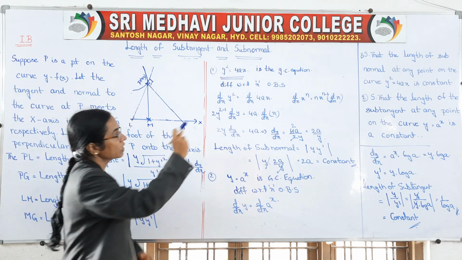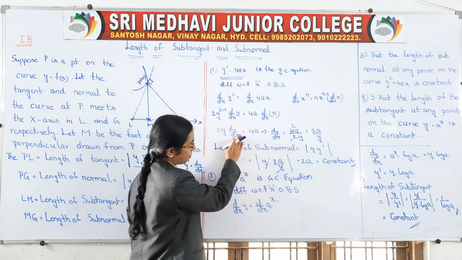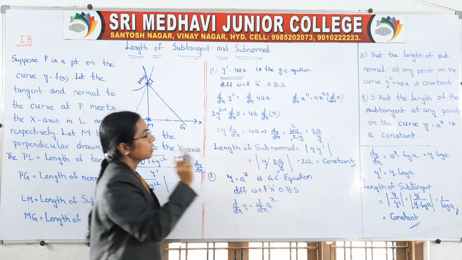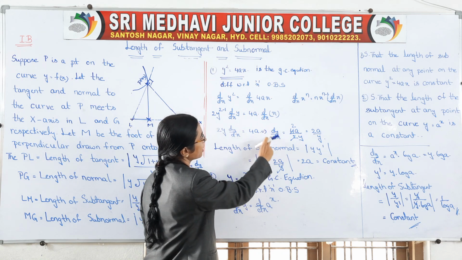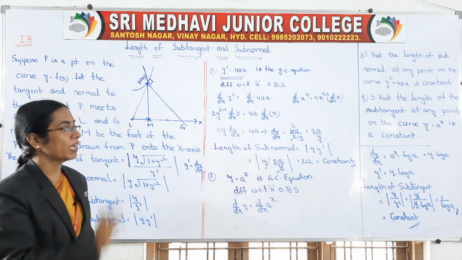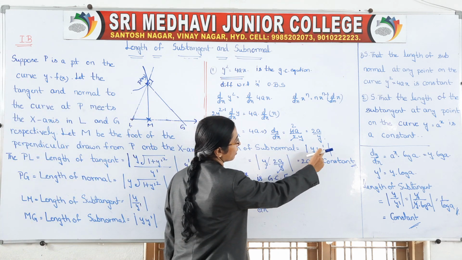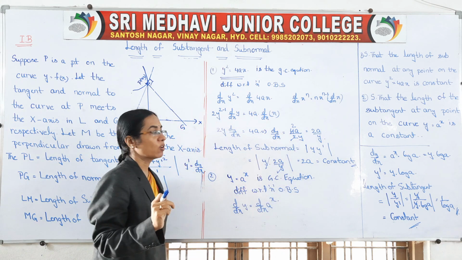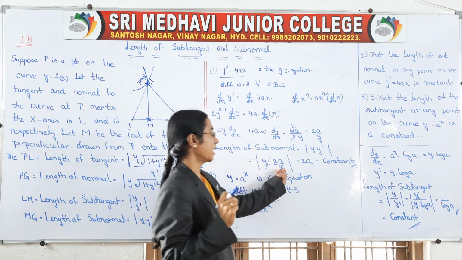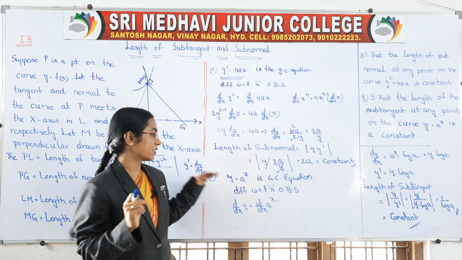Instead of x we are having y, so d by dx of y remains as it is. After that, dy by dx is equal to 4a by 2y, that is 2a by y. So the length of subnormal is equal to modulus of y into y dash. Substitute your y dash, then y cancels, and we get 2a, which is a constant.